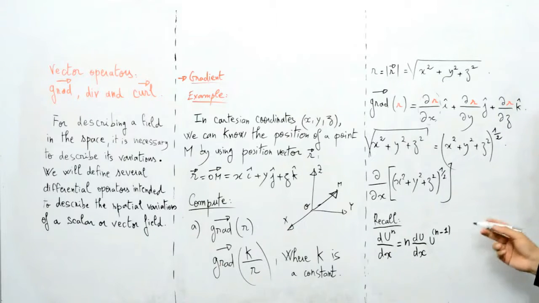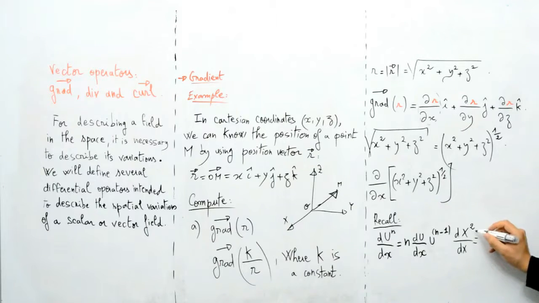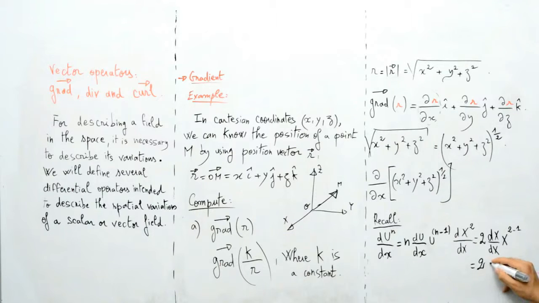For example, I have a very simple example. x squared. d of x squared over dx is exactly 2 times dx over dx itself, x to the power 2 minus 1, and it's exactly 2 times x.